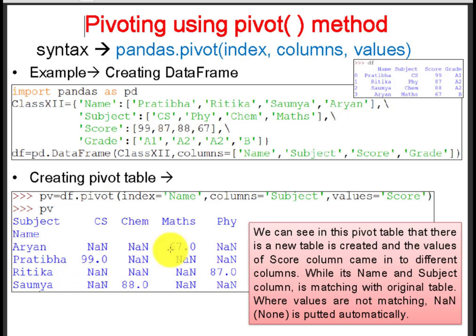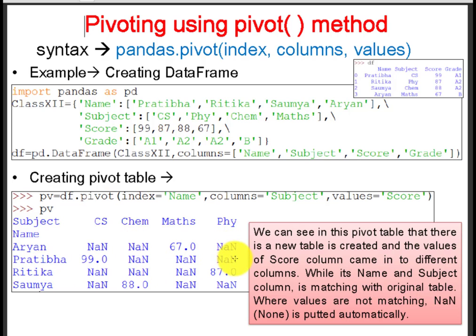Only Pratibha has CS marks, so that's why you see the original value here. And next, for the other columns, you see Aryan has no CS value. Aryan has only maths value 67, so it will show Aryan's maths value only, and the others NaN.